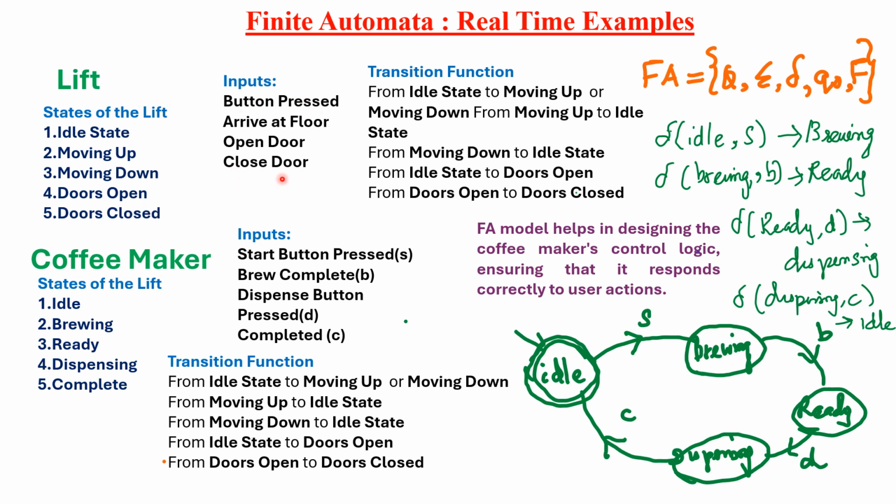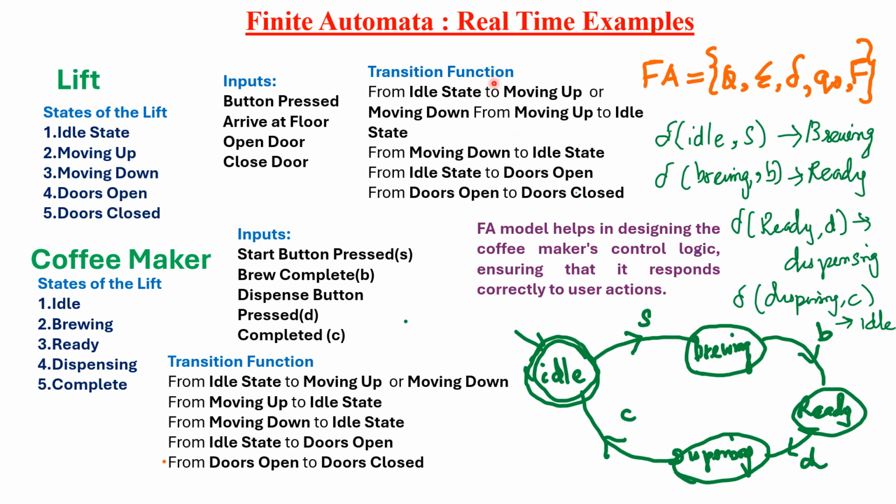Whenever you press the button, the door may open or close and arrive at a particular floor, and again when we reach the particular floor, it will open the door as well as close the door. So the same activities happen again and again.